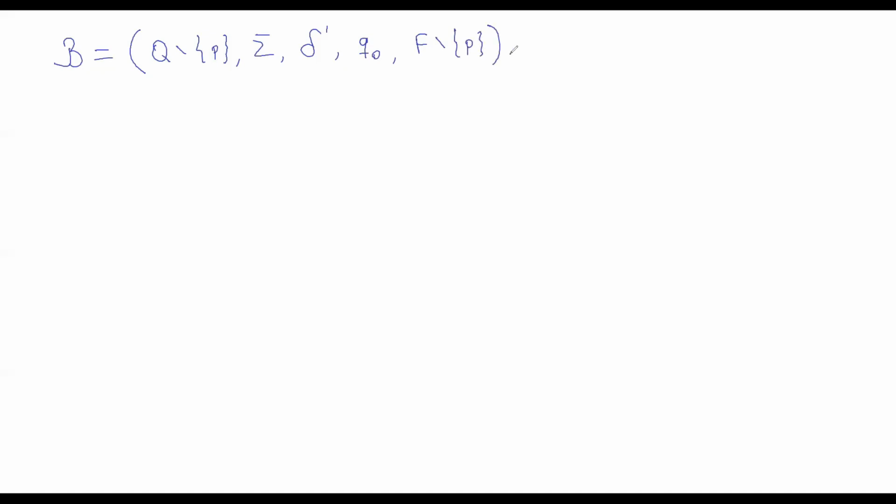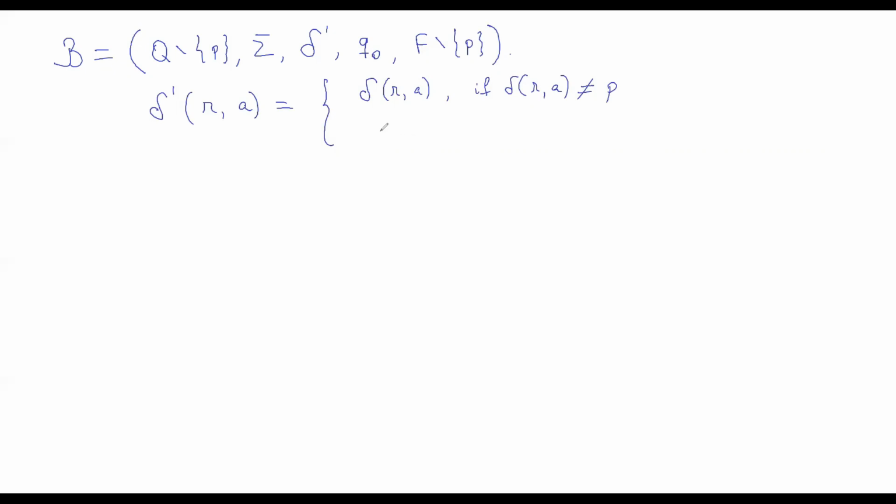So this transition function delta prime of, say, some state r and letter a is going to be exactly the same as before if this one was not p. So if it's not p, I just keep the same as before.